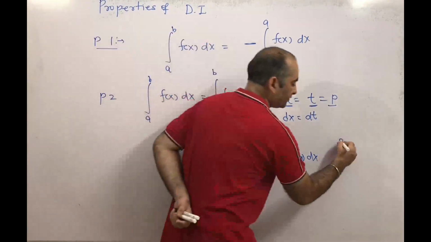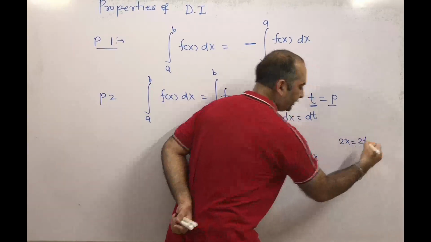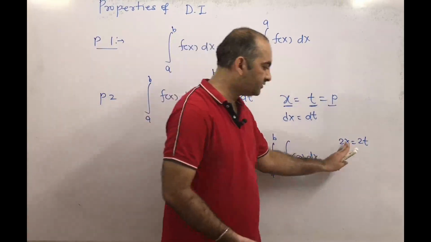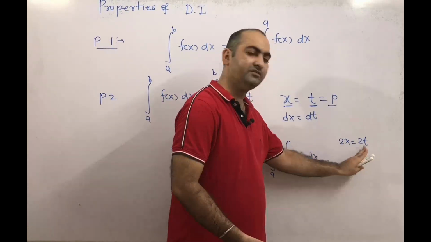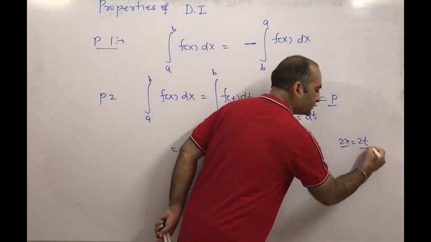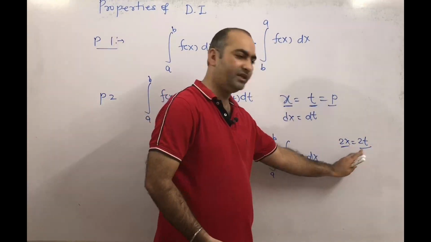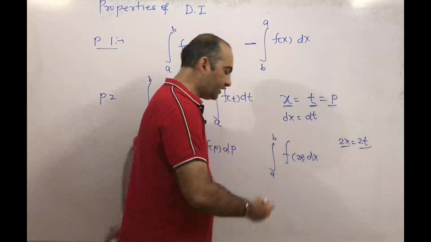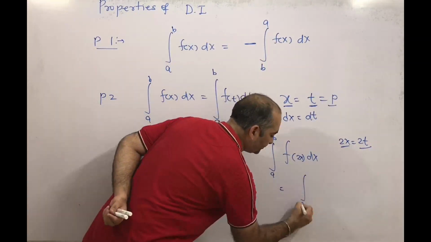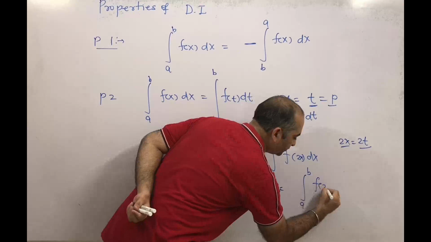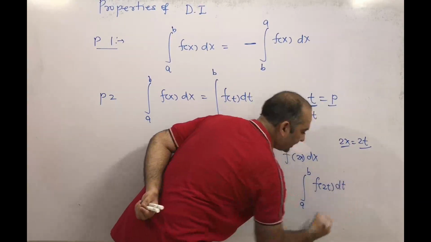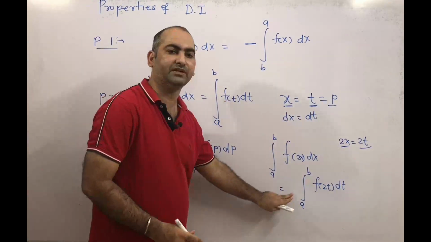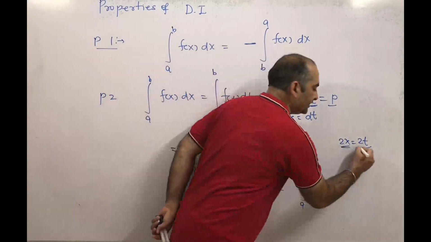If I put 2x equal to 2t, you can see the coefficient of x is 2 and the coefficient of t is also 2. This is a single term, and this is also a single term. The power of x is 1 and t power is also 1. So we can directly write the integration from a to b of f(2t) dt. There is no change, but a similar relation should be there.